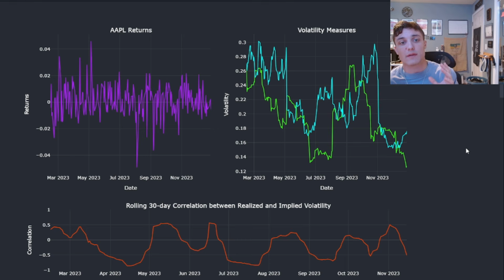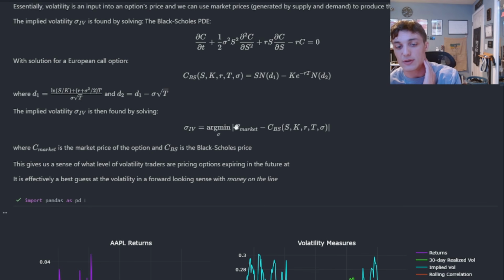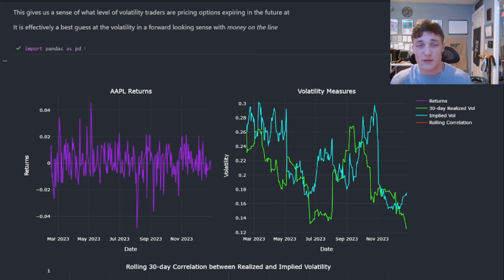So in terms of volatility to come, this is literally what the market is pricing options that are expiring in the future at. And that again is found by inverting the Black-Scholes model, finding a solution to this minimization problem. So what are we looking at here?